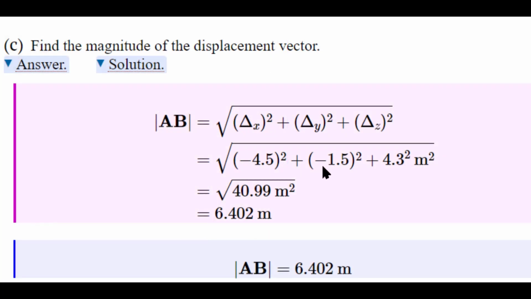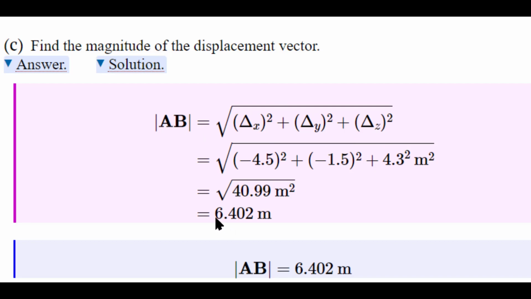The next part is to determine the magnitude of the displacement vector. That is simply delta x squared plus delta y squared plus delta z squared, and we take the square root of the whole thing. You probably recognize this from the Pythagorean theorem.